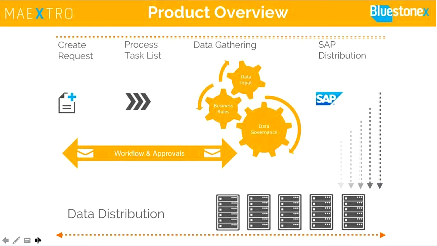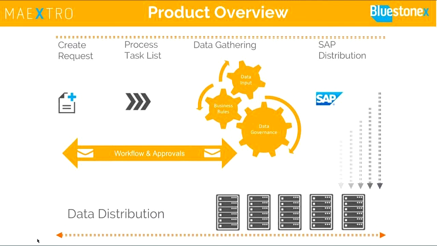In terms of how most of the processes work, it will start off with a request, and that request is typically approved via workflow based on certain criteria. That process may kick off a series of data gathering tasks. If you can imagine a material master, for example, you've got finance views, purchasing views. All that is managed within Maestro as well.